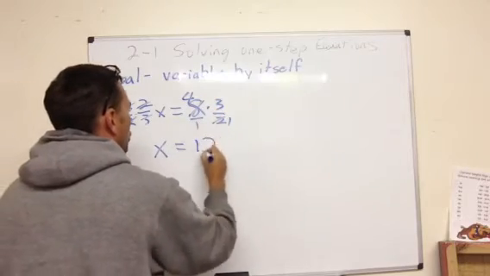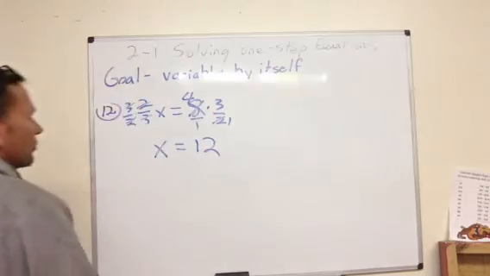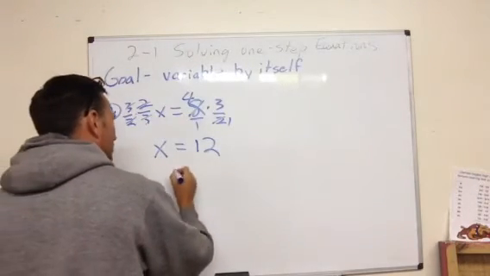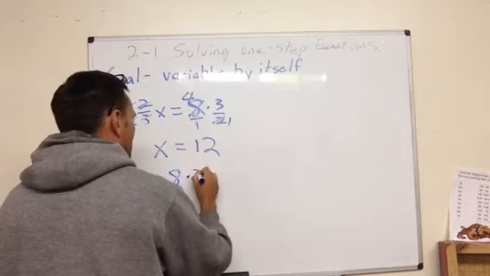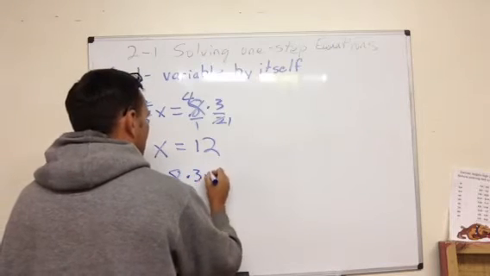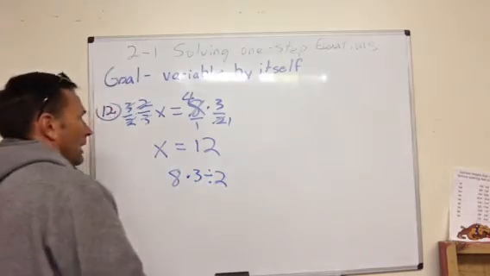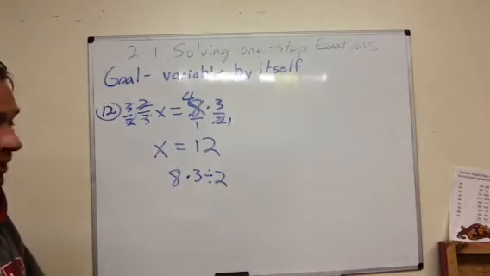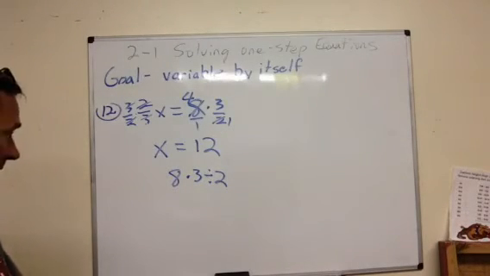So 4 times 3 is 12. Now, if you struggle with this, use your calculator. Go 8 times 3 divided by 2, and you will get the same answer of 12. Put it in your calculator just like that, and you'll still get the same answer.